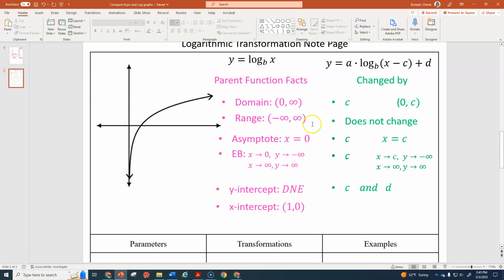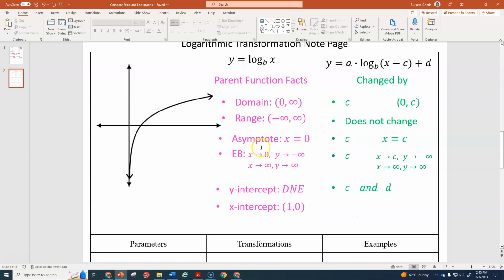So when the asymptote is 0, your domain starts at 0. When your asymptote is 0, your left side is going to be approaching your asymptote. So this asymptote right here is what drives the answer to your domain and your end behavior. So as we change the values of C, all of this information right here is changing.